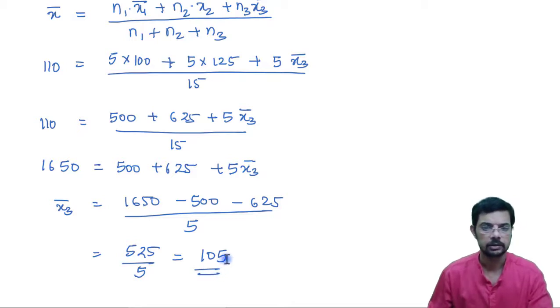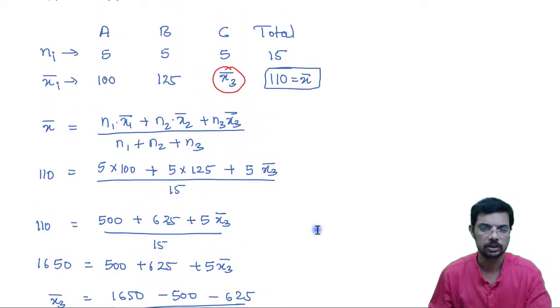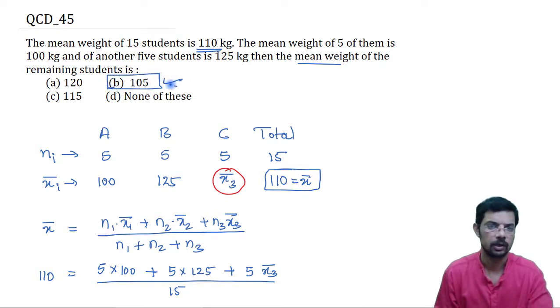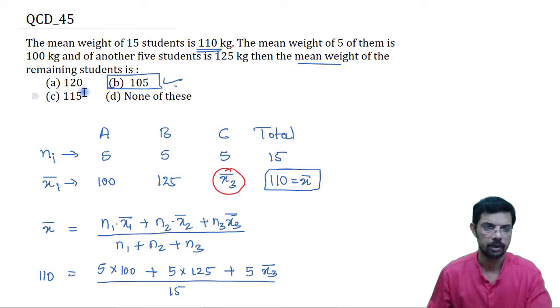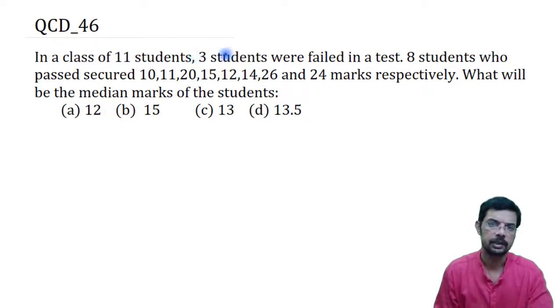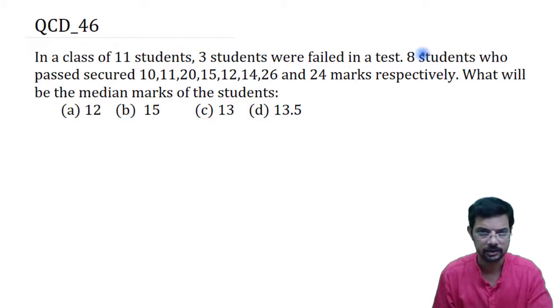So x3, the mean of the third set of observations, is equal to 105. So the mean weight of the remaining 5 students is 105. This is your correct answer, option B. Next question, question number 46. In a class of 11 students, 3 students failed in a test.